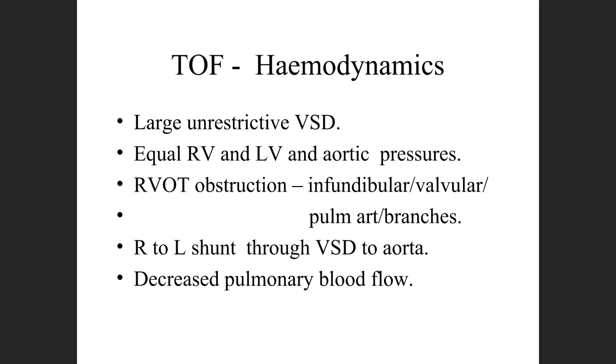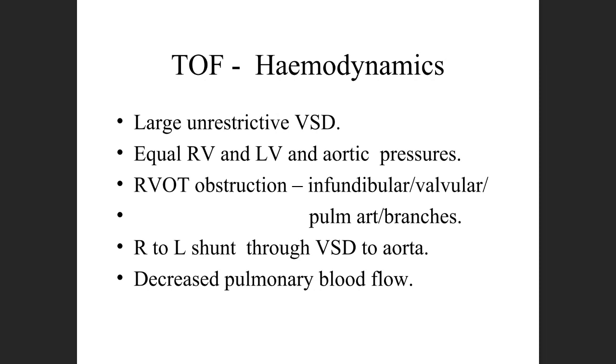So in fact, the right ventricle, which would normally eject blood against a low pressure in the pulmonary circulation, is ejecting blood against high pressures with systolic pressures equal to that in the aorta.